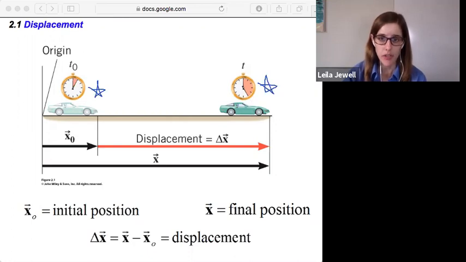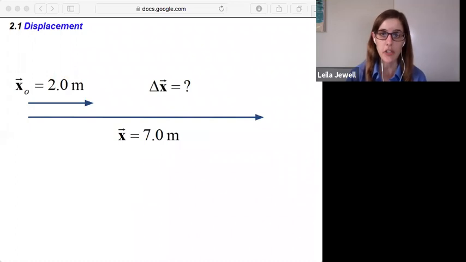All right, with this definition, let's try some examples so you can see it in action. Let's say you start out at 2 meters, and then your final position is 7 meters. What would your displacement be? I want you to come up with an answer on your own or even point in the direction of the displacement.